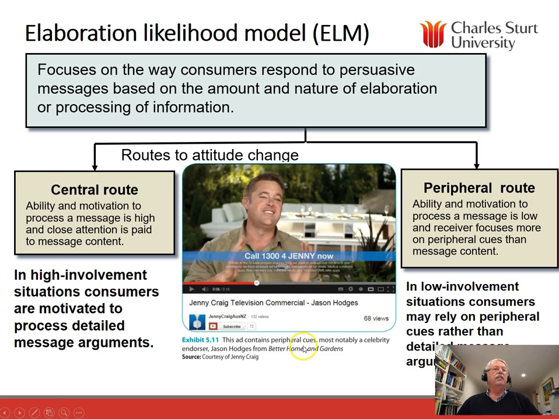The ad contains peripheral cues, most notably a celebrity endorser, Jason Hodges from Better Homes and Gardens. So if it's a low involvement product, we tend to be influenced by the brand ambassador, by the celebrity, by the person, much more than what is being said. It's who is saying it.